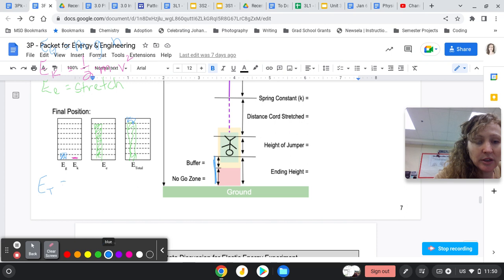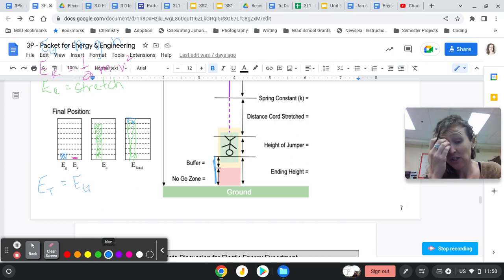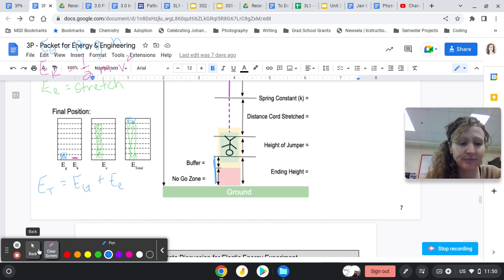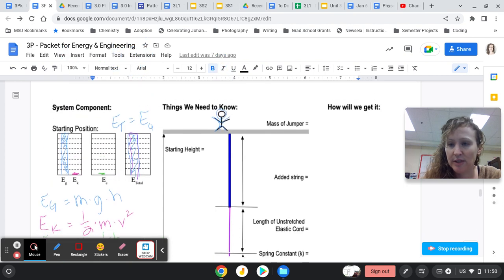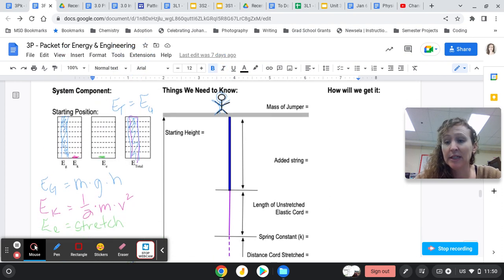Energy total equals the little bit of gravitational we still have, no kinetic energy, and the elastic energy that we now have stored in that rubber band that has stretched. Okay, so take a minute and write down these bar charts, write down these equations. We're going to use these as we walk through our system analysis. Pause the video if you need to get all of this written down.